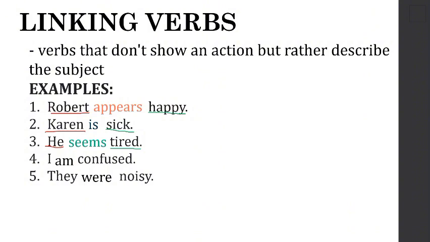The subject in the fourth one is I, and the subjective complement is confused. Sorry for the line, let me redo that one. Confused is the being of the subject, and the linking verb that is used is am.